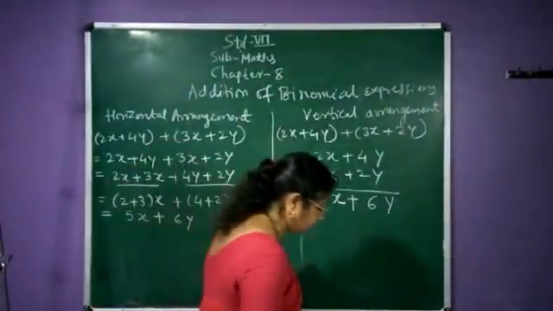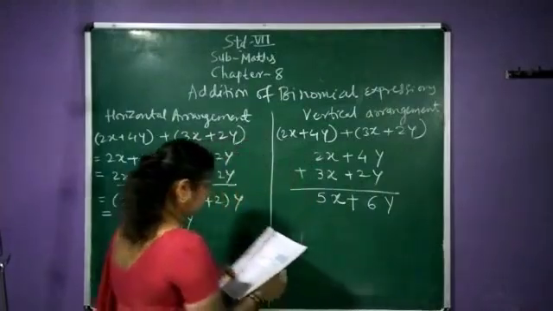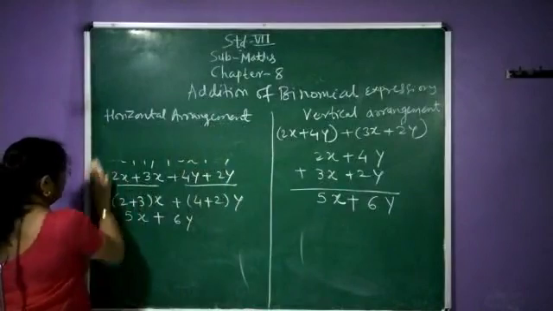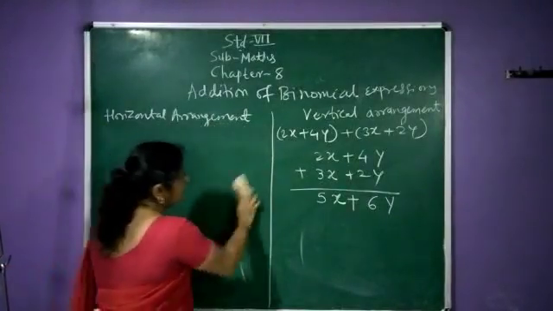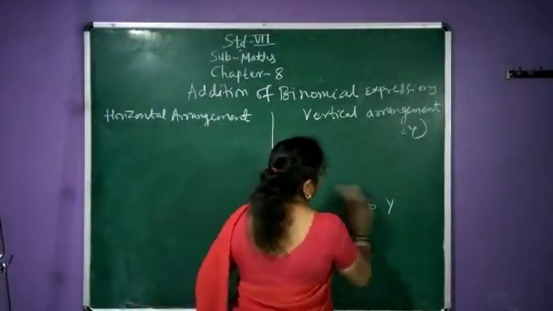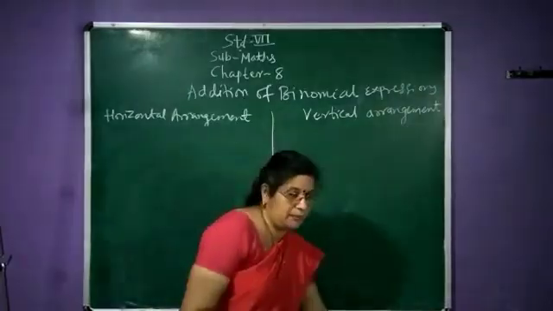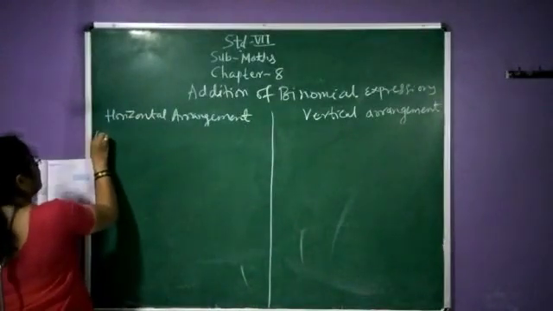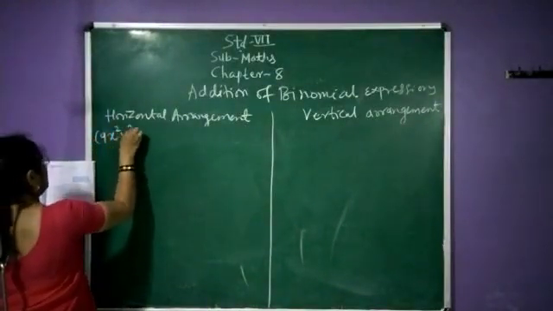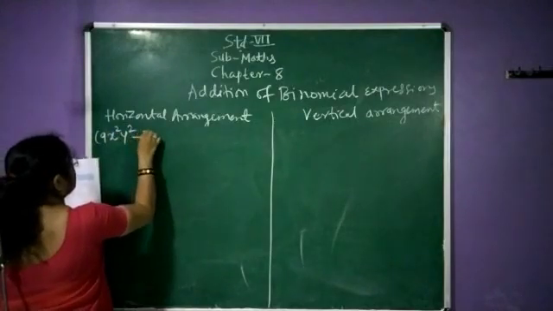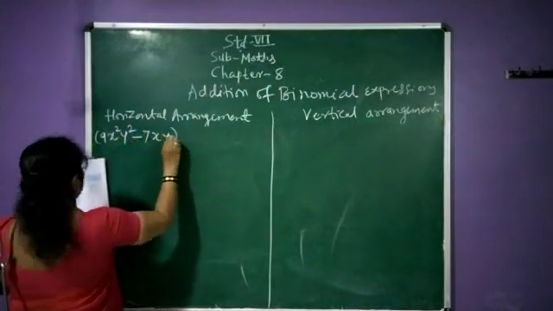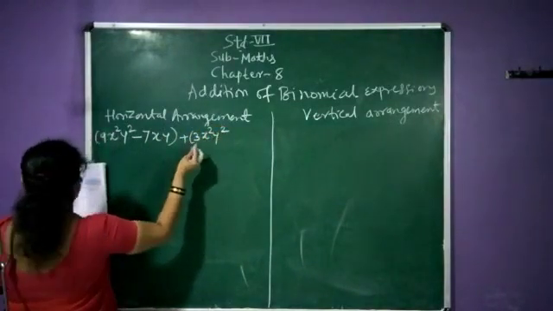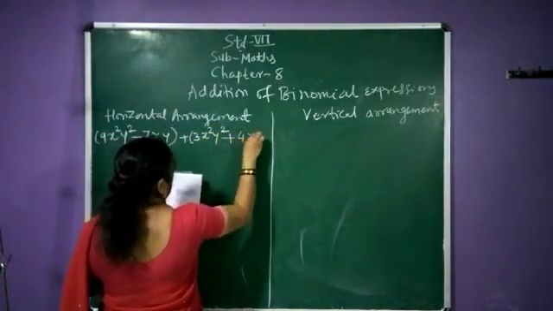Now we will see one more example where the powers are there. Have you understood horizontal and vertical? One more I will explain with the horizontal and vertical method. The example is 9x square y square minus 7xy plus 3x square y square plus 4xy.